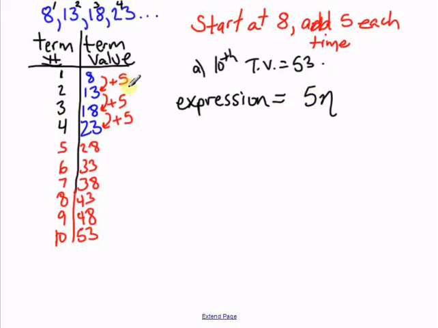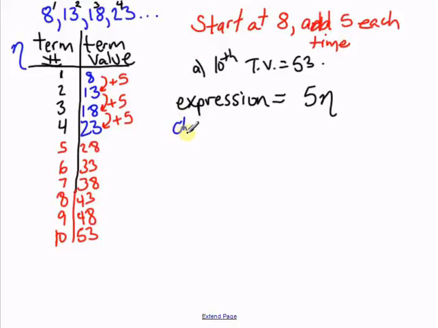So the 5 comes from the fact that it adds 5 each time, and the n is just our term number that tells us what we're going to multiply the 5 by. So for the first term number, it's the first 5. The second term number, there would be 2 5s in there because from where I started, it's 10 more. I doubt this is the correct expression fully, because if it was, the pattern would go 5, 10, 15, 20, 25. So I'm pretty sure I have to add something on to the end here, or subtract.